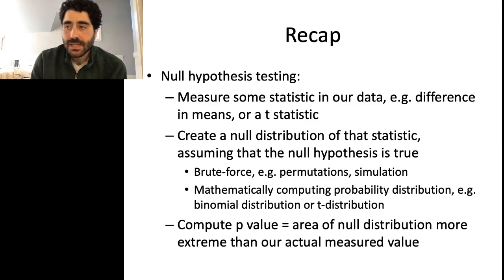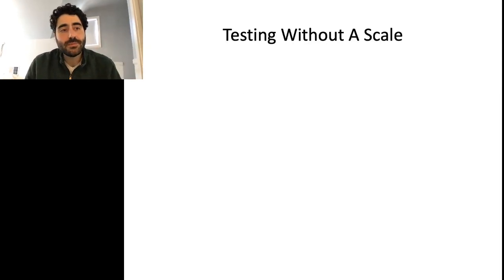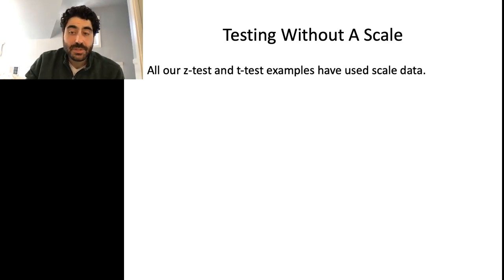Okay, we're going to talk about a couple tests today that still fit in this same framework, but they make a different kind of assumption about the data. Specifically, one assumption that we made for both the z-test and t-test is that we have scale data, and that it makes sense to compute a mean.